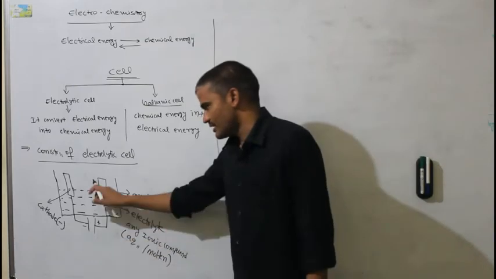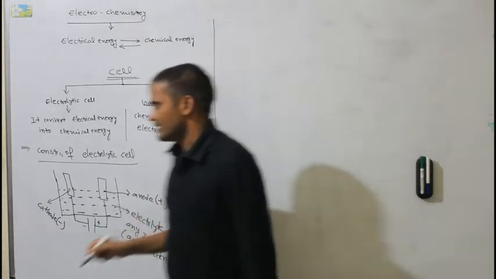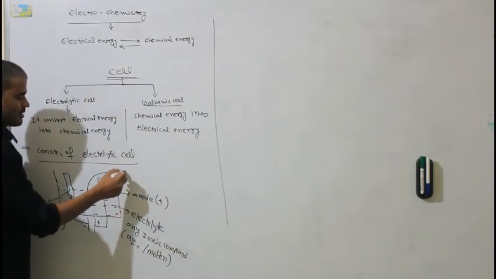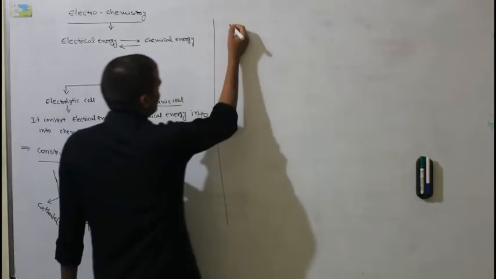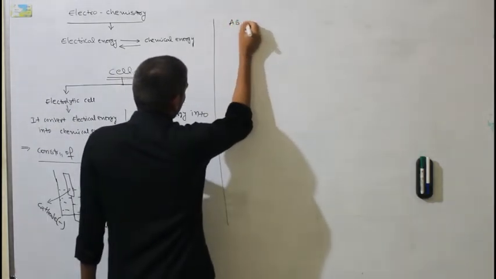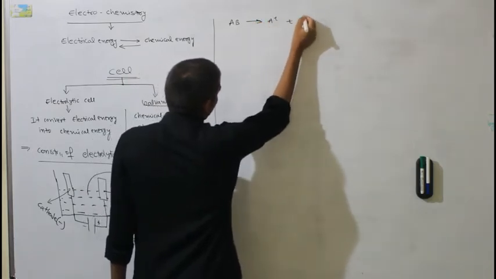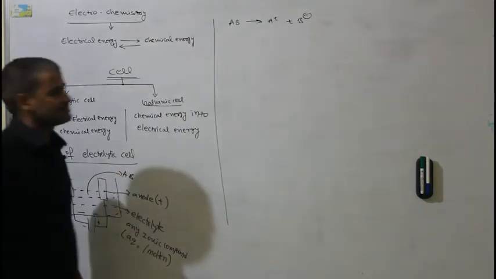Once you pass the current, the compound which you have taken, for example, I will take the AB compound. Once current is passed, this AB compound will split into A plus and B minus. Ion formation takes place.